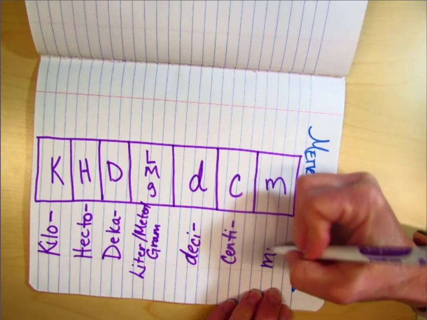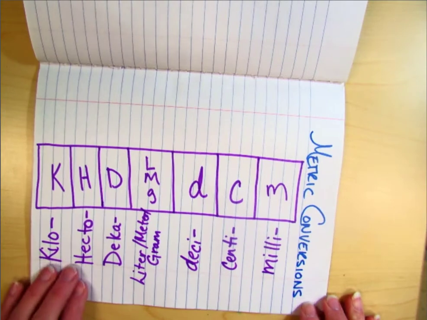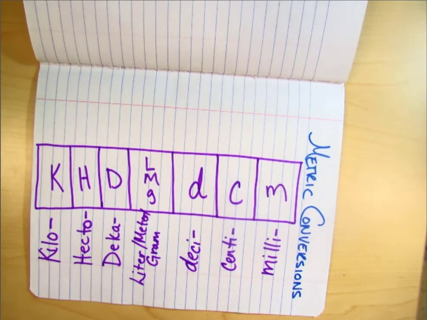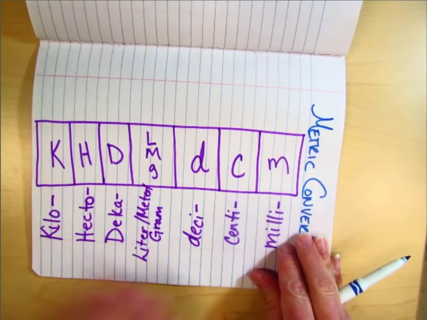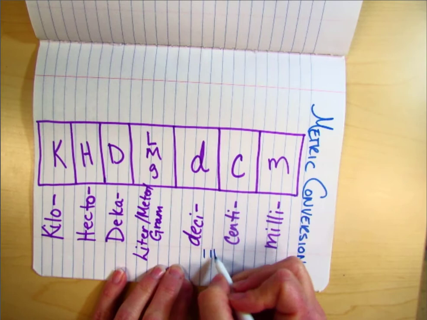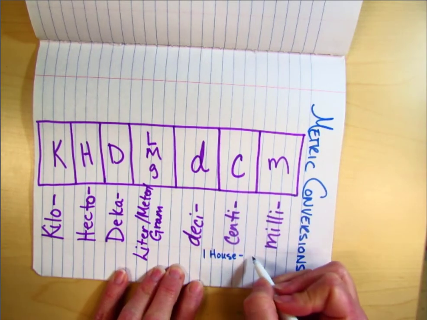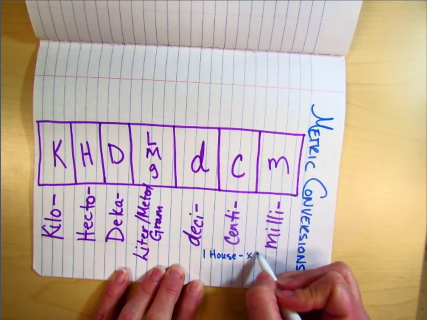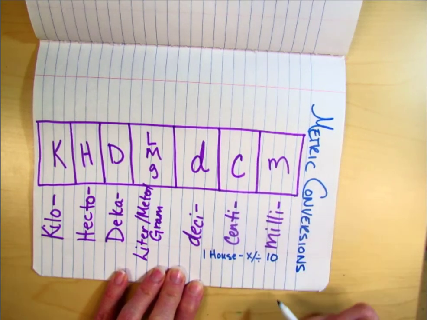So let me explain how you use metric street to do this. On metric street, if we move one house over, you're going to multiply or divide, depending on the way you're going, by 10. One house, 1 zero.